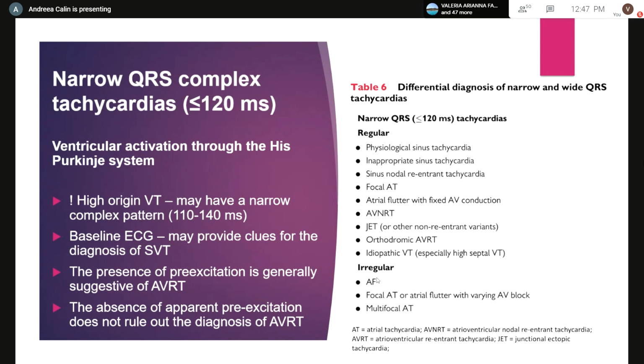If the rhythm is irregular, it may be atrial fibrillation, and this is the diagnosis in many cases, but it also can be a multifocal atrial tachycardia, a focal atrial tachycardia, or atrial flutter with a varying atrioventricular block.